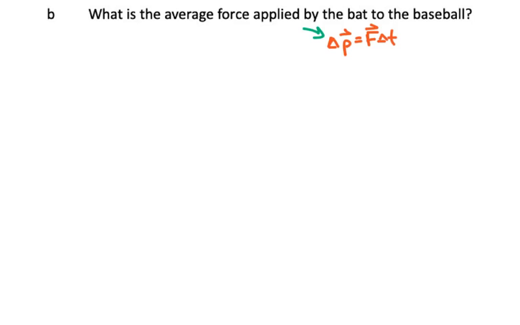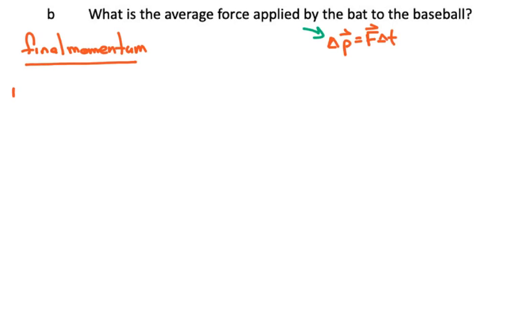We can't just go simply on the initial momentum. So we do actually need to find the final momentum after this ball has hit off the bat, because the force applied is from the bat to the ball. So we need to know what happened before, which we found in A. We need to know what happens after, which we're going to find now.